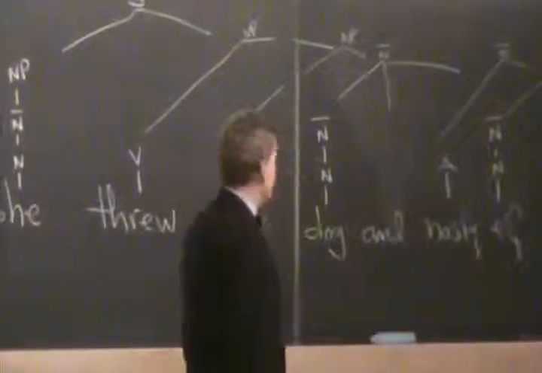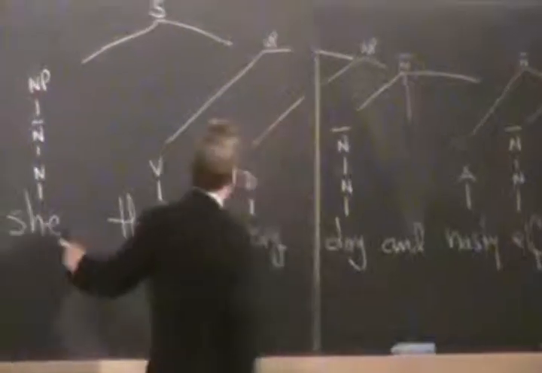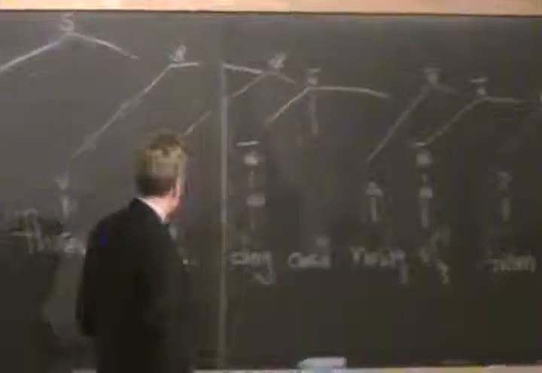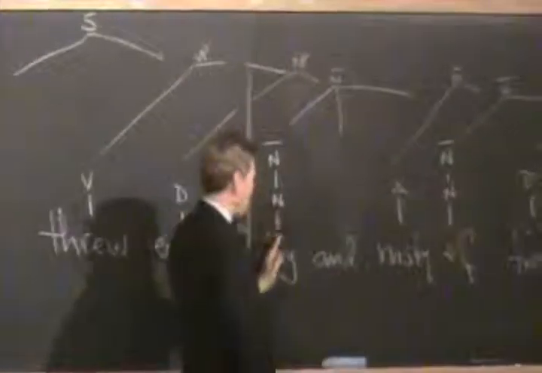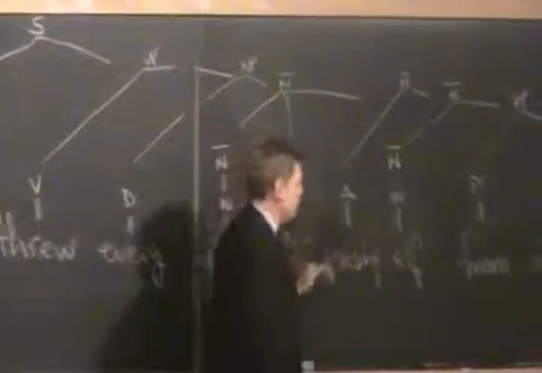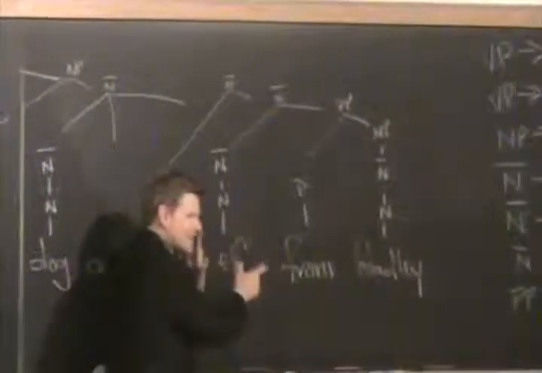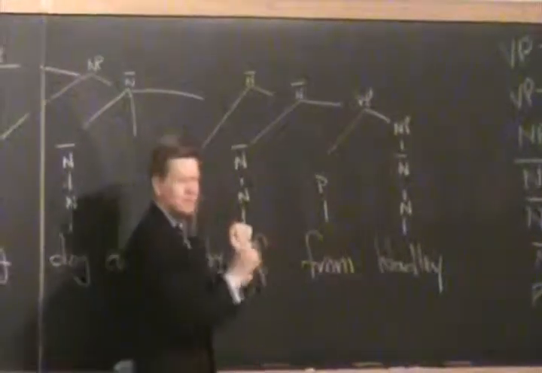We have a noun phrase, verb phrase sequence, and those can be sentences. So there's one. And what does this mean? This means she threw this. What is this? Well, this is every dog and nasty elf from Hadley.